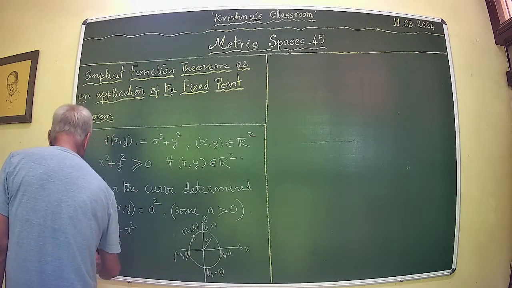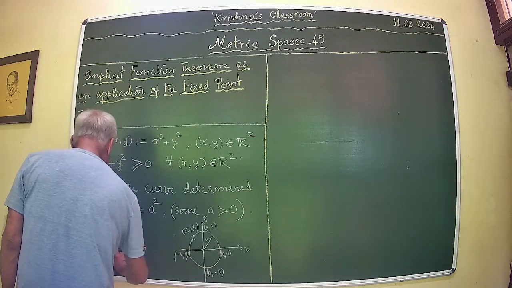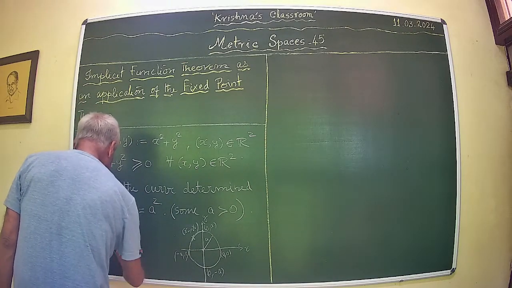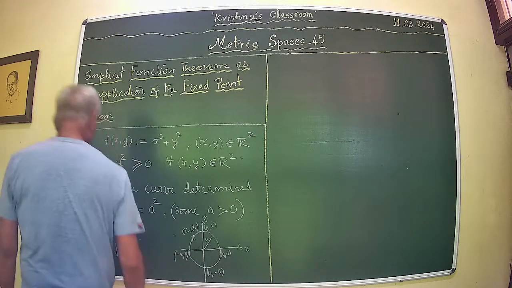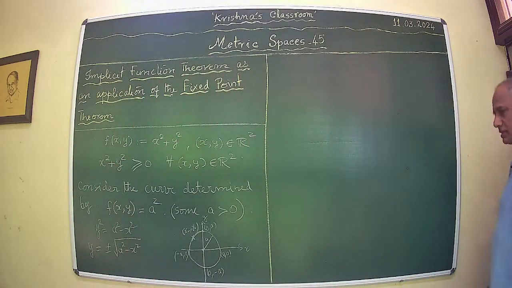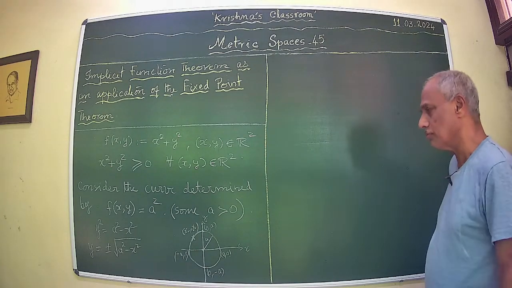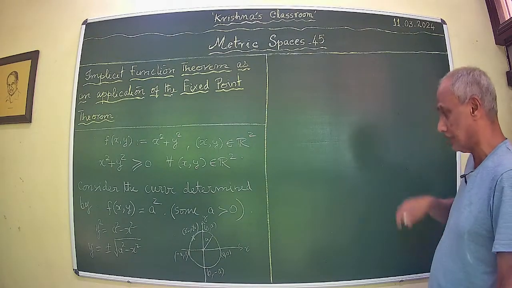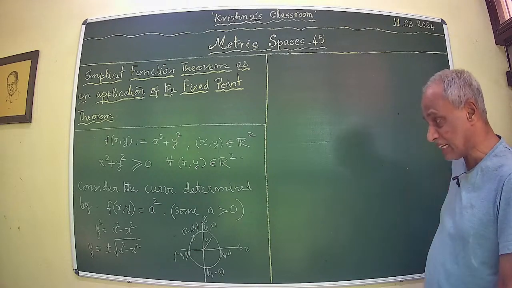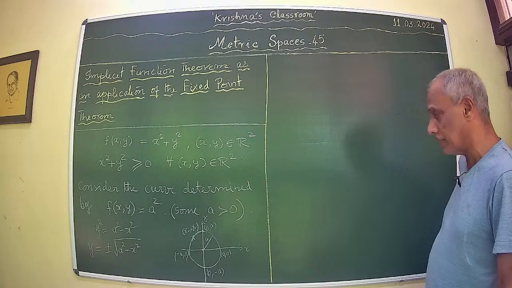Therefore, y takes two values for each x. In fact, it determines two functions. One, y equal to the square root of a square minus x square. The other one, y equal to minus square root of a square minus x square.